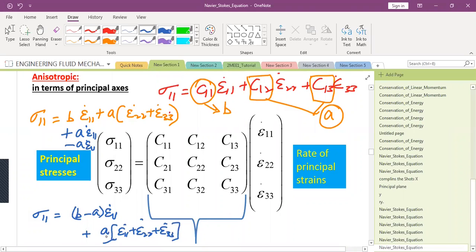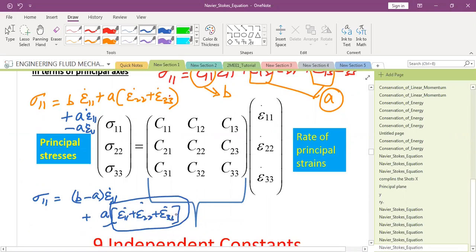Now what is this, if you remember from your solid structures course? This is sum of what? Sum of strains. This is sum of strain rates.